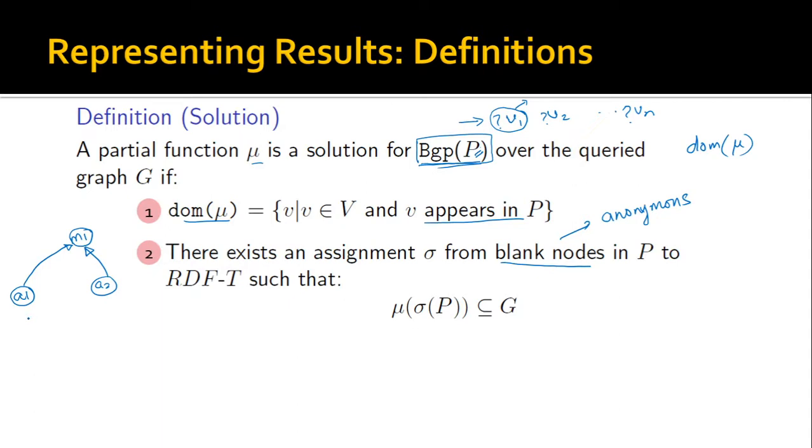The pattern would be written like A1 acts in, then you have a forward slash. We are writing a path pattern here. A forward slash, and you have the reverse of acts in, and then A2, right?